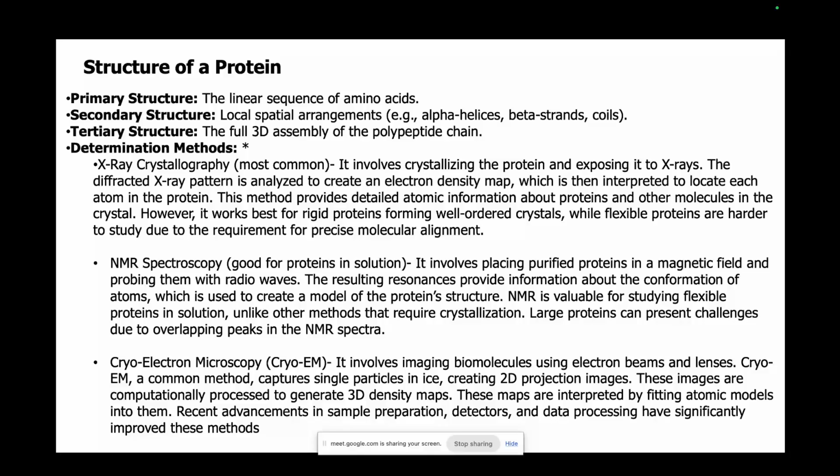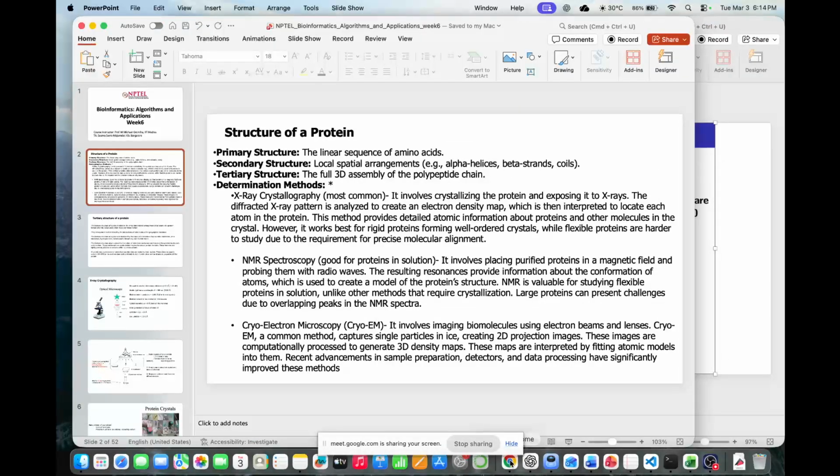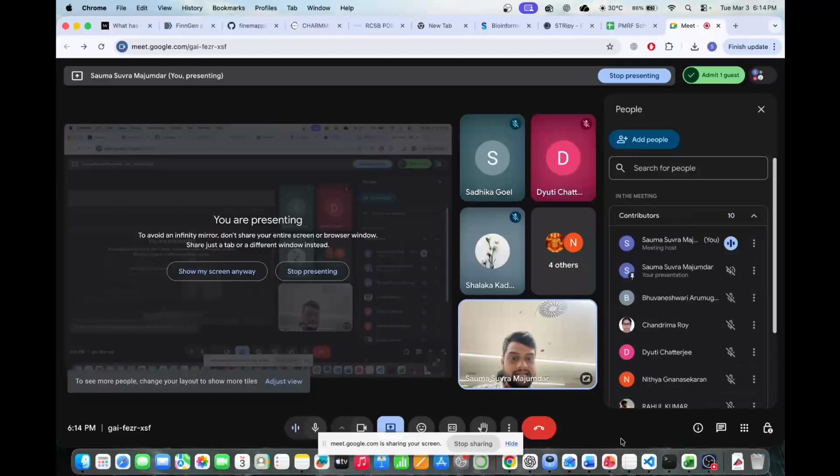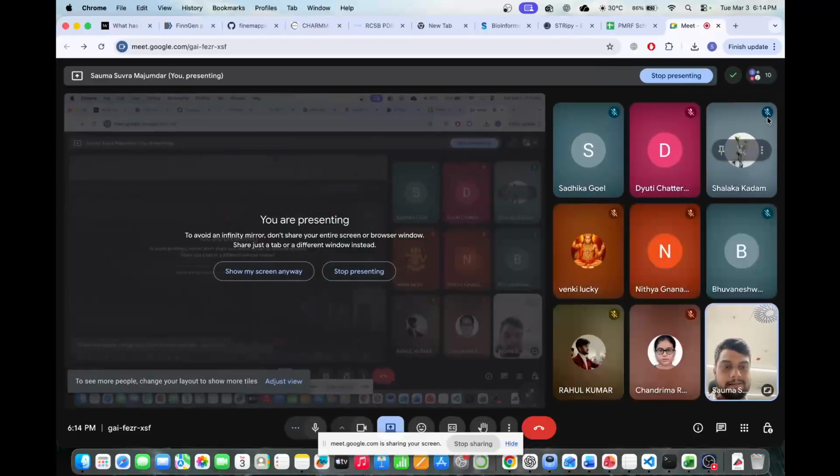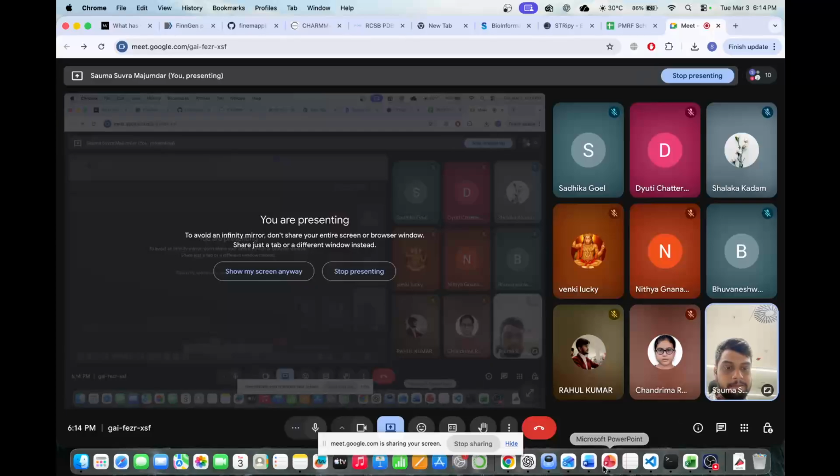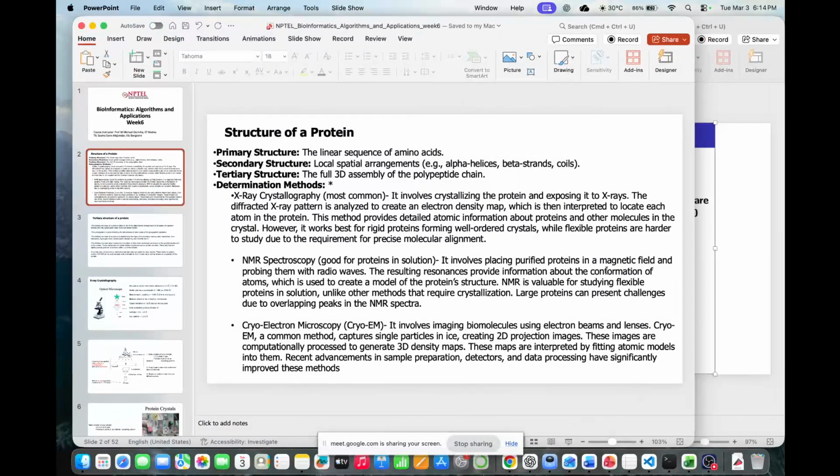So the basic idea behind it is that you have to crystallize a protein. By crystallizing, I mean, going back to class 12 chemistry, it's basically draining all the water molecules out of that molecule so that it becomes a crystal-like structure and there is no water molecule inside, right?